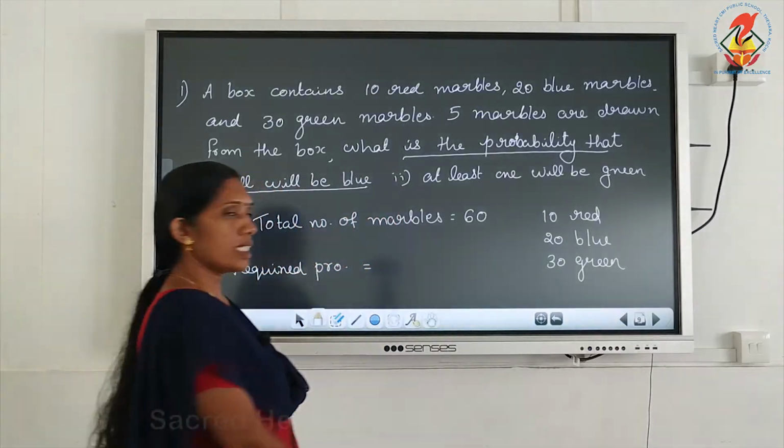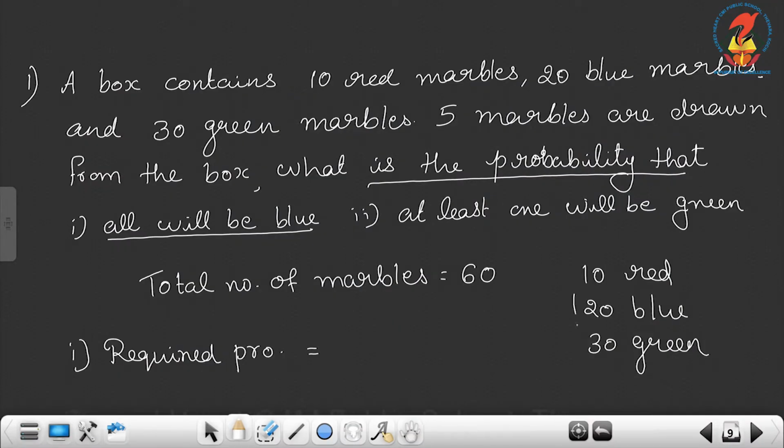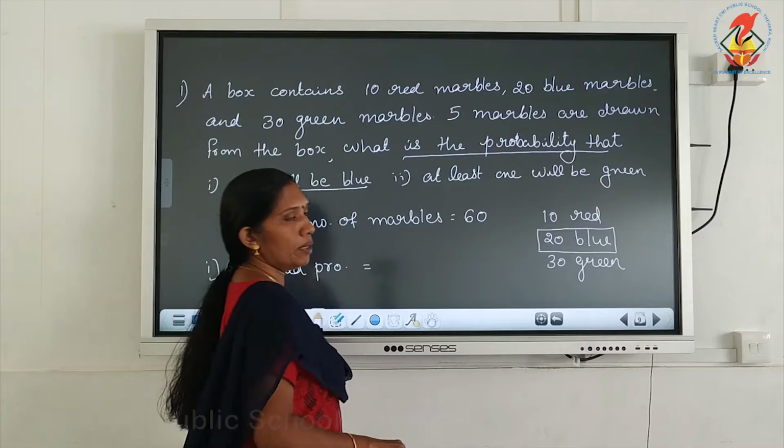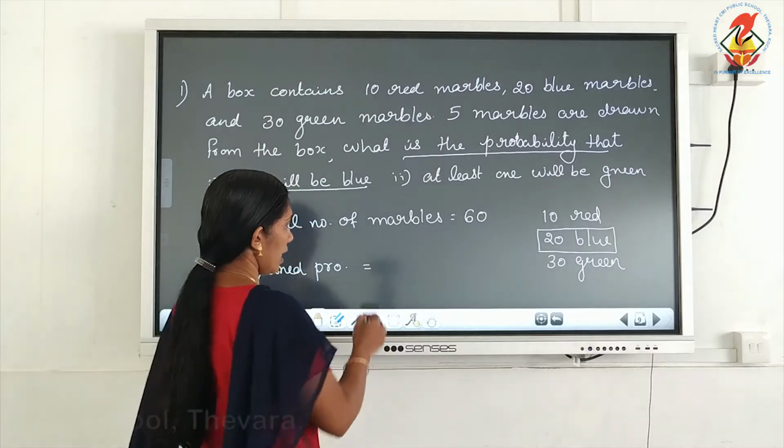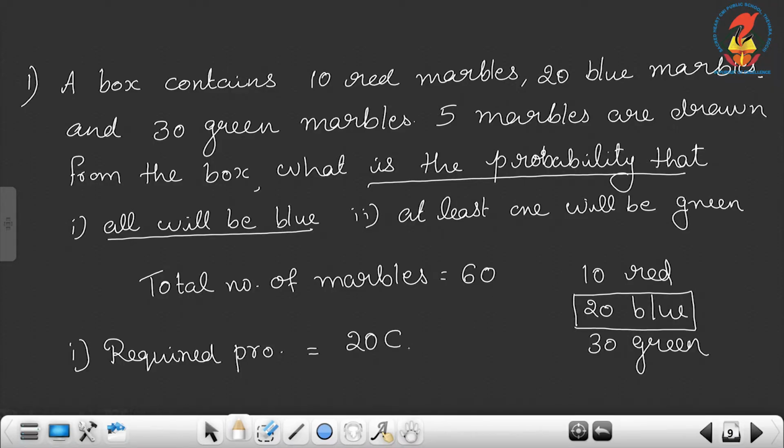So, how to write? All will be blue. There are 20 blue marbles. So, from 20 blue marbles we have to take 5. So, we can write 20C5. Then the total is 60. From 60 we need 5.